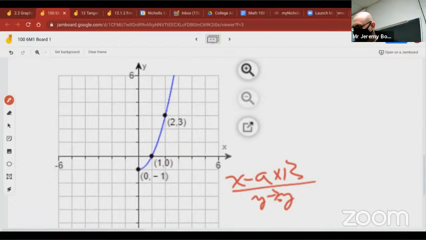So if I have the point 0, negative 1, I also need to have the point what? 0, 1, right? I need to change the sign on that y value. So I need to have this point here. If I have the point 1, 0, if I negate the y value, what is it going to be?